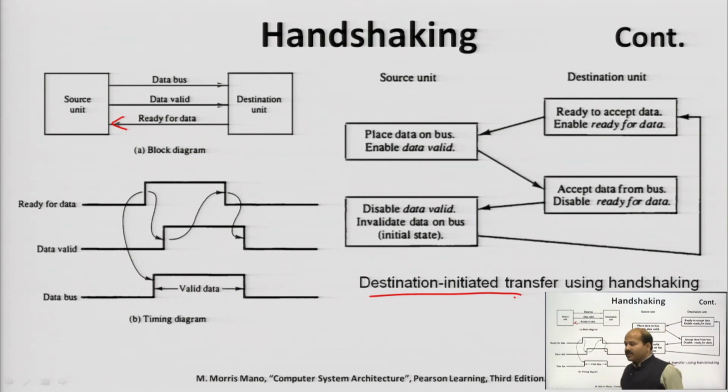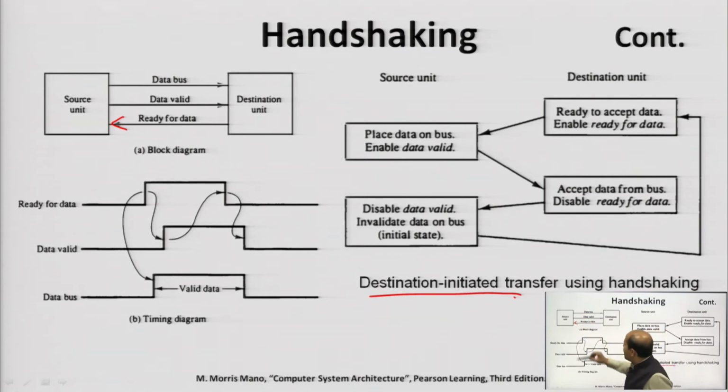Now, in case of this destination initiated transfer, first the destination unit is requesting for the data. So, it will issue ready for data. Ready for data means informing the source, please provide the data. So, this signal will be enabled by the destination unit prior to other signals.